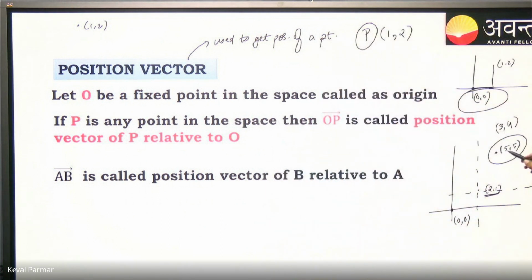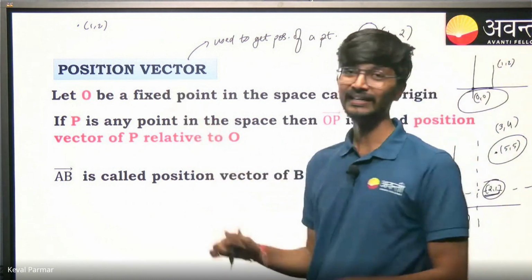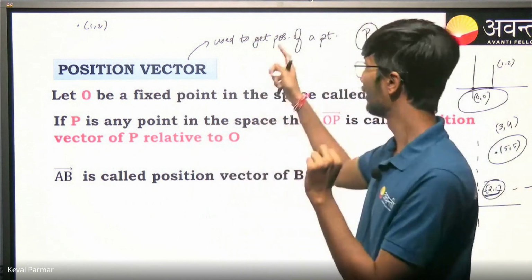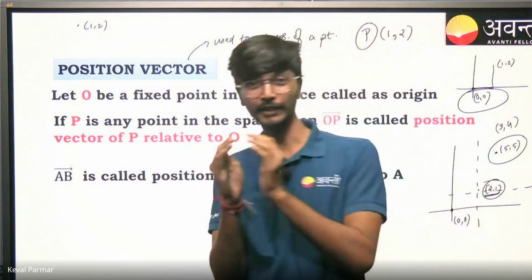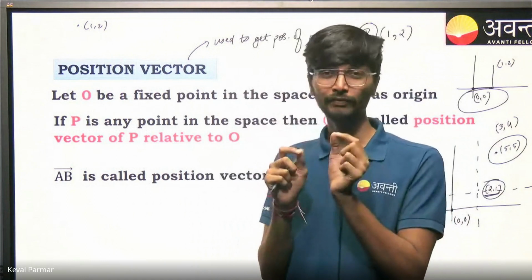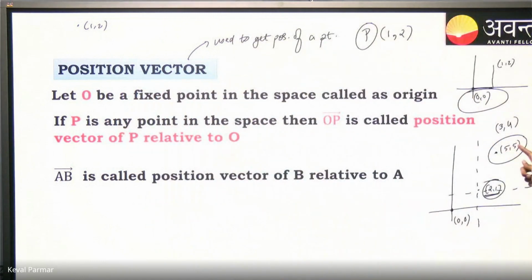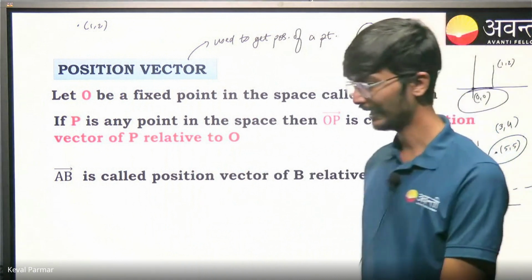Because the point (5, 5) was with respect to the origin, and the point (3, 4) is with respect to (2, 1). Similarly, in position vectors also we get two types: one to get the position of a point with respect to the origin, and one to get the position of a point with respect to another point, which we did here. (5, 5) is the position of a point with respect to the origin, and (3, 4) is the position of this point with respect to (2, 1). I hope it is clear.